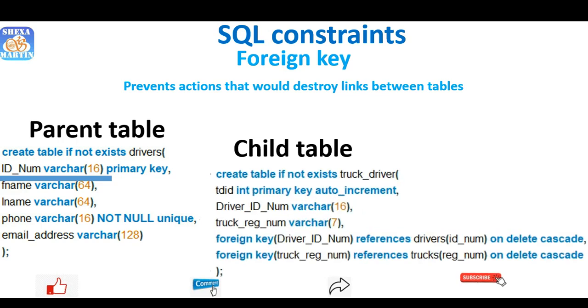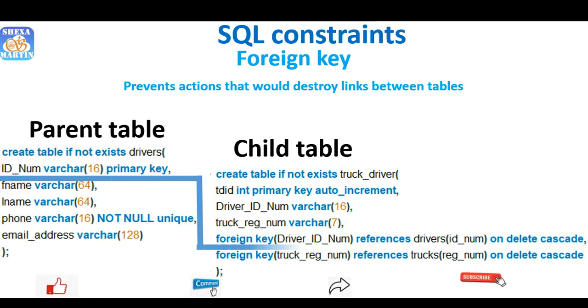The child table in this case is truck driver, which links the driver and the truck. So here is what happens. This primary key in drivers is a foreign key in the child table. For your information, you can see that in the child table called truck driver, we have driver ID number, while in the parent table called drivers, we have it as ID number.